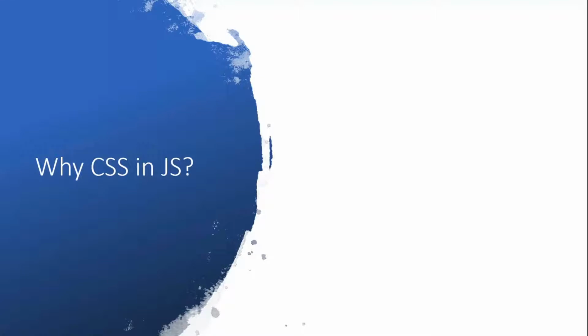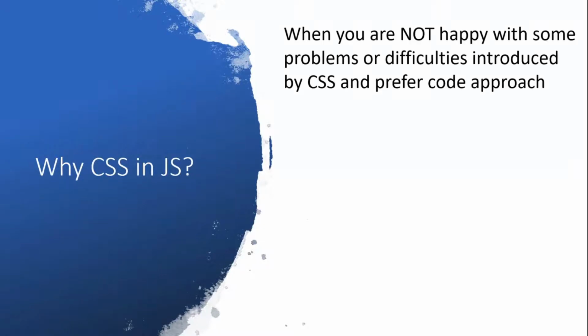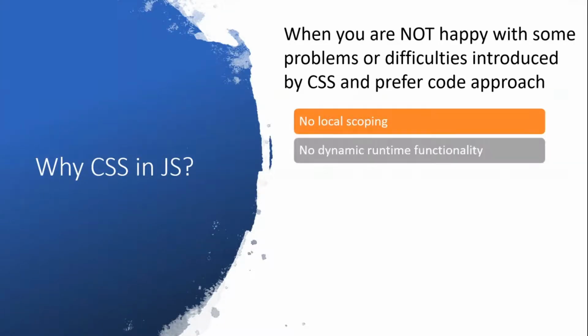Yeah, that's true that CSS-in-JS is not a silver bullet, and it's just a modern alternative to known proven things. But historically, when we talk about just pure CSS, then CSS has some problems, maybe some difficulties. You can see some of them on the screen.